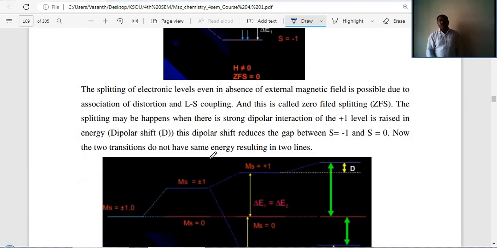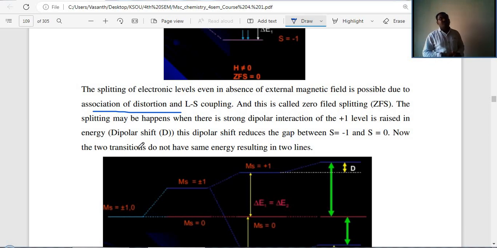The splitting of electronic levels, even in the absence of an external magnetic field, is possible due to a combination of distortions and LS coupling. This is called zero field splitting.